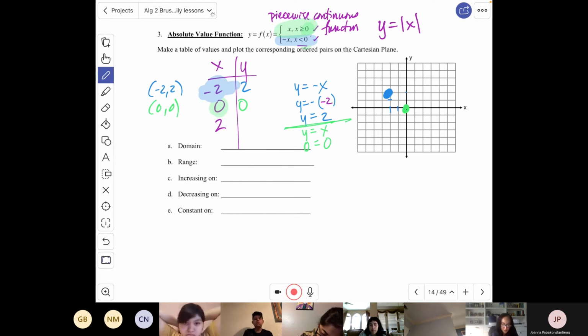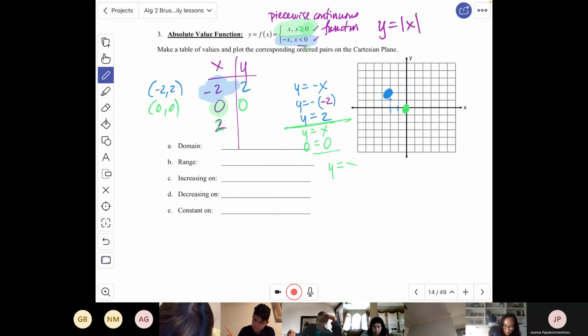The first one, because again, x greater than or equal to 2 says, hey, use me. So again, I'm going to substitute 2 for x into y equals x. What is the output y when x is equal to 2?